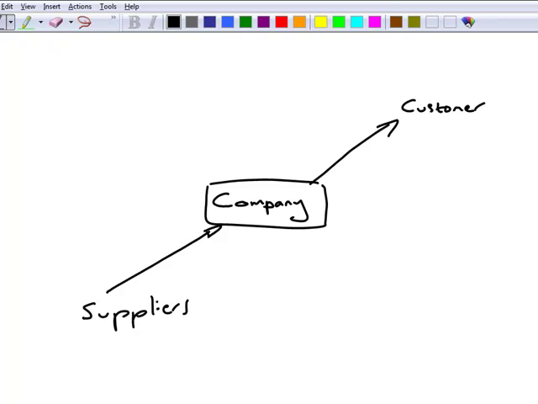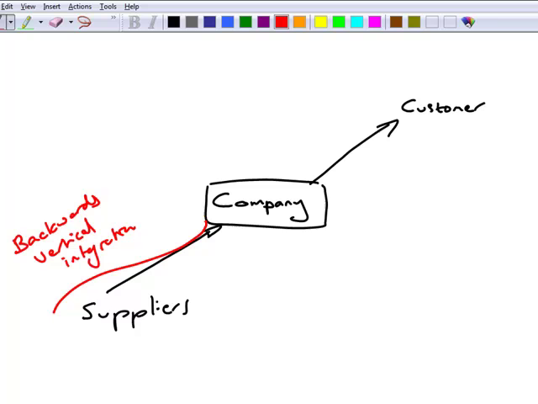Now, when it comes to related diversification, we can have backwards vertical integration. Backwards vertical integration is where the company acquires its supplier. I'll give you an example of what this could be in one moment.